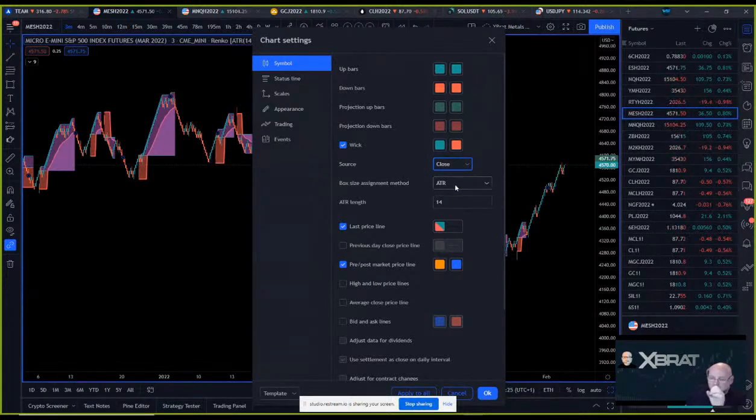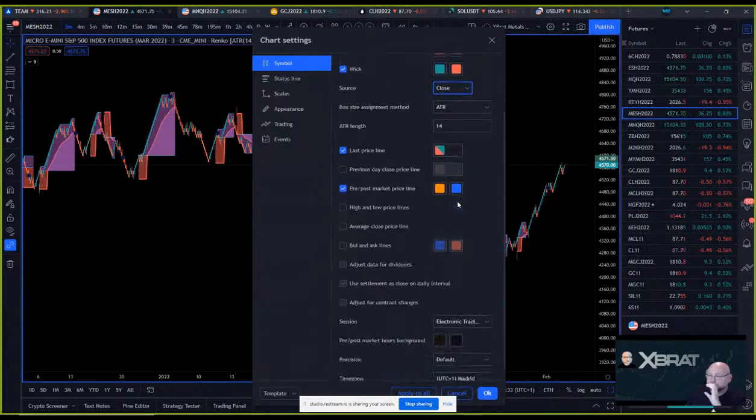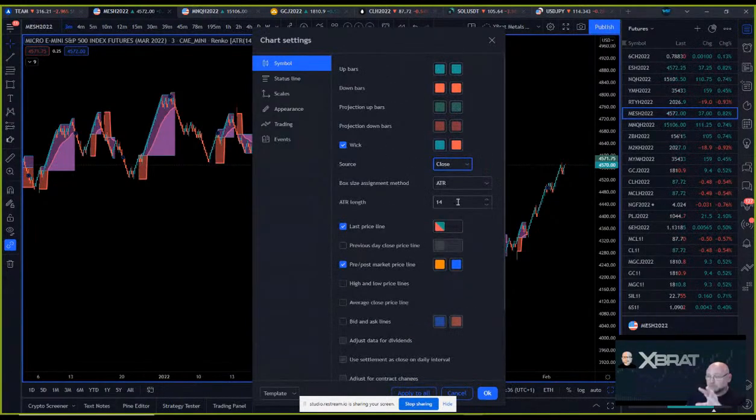We use ATR, average true range 14, on this Renko. You can't get this on many other platforms, which is a shame, and it probably will come. But this is a really great thing with TradingView because the roller coaster works extremely well with this ATR and length 14, and the source is close.